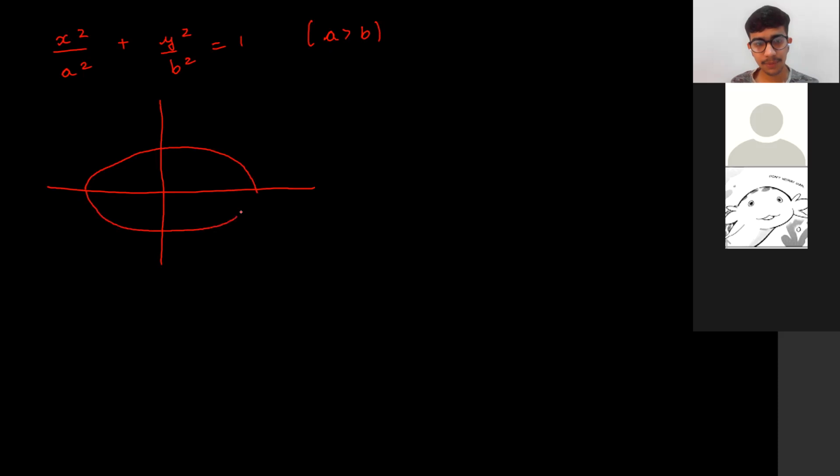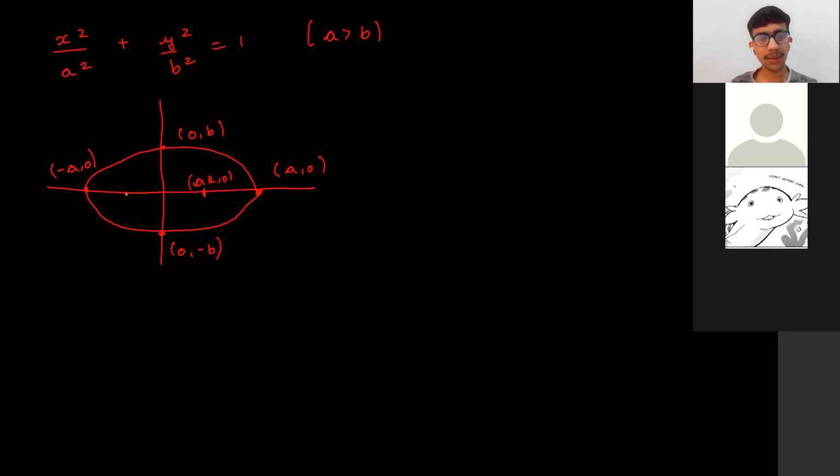So this is how the ellipse looks, and this particular coordinate is a comma 0. This is minus a comma 0. This coordinate is 0 comma b, and this coordinate is 0 comma minus b. And this coordinate is actually ae comma 0.